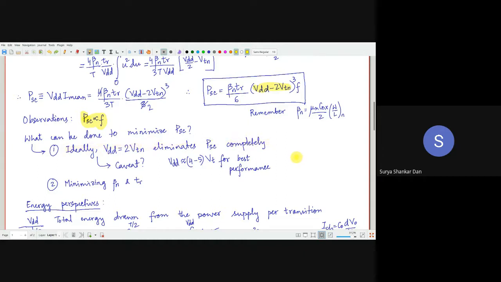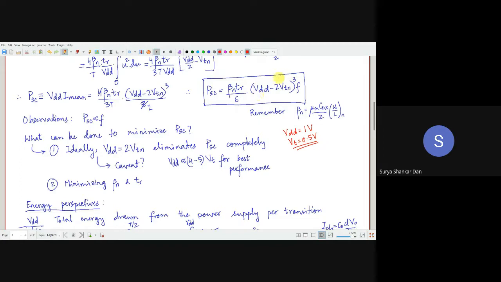Now I want you to tell me, for example, remember when I was plotting on Python, में हम लोगों ने VDD कितना लिया था? In our Python code we took VDD equal to 1 volt and VT equal to 0.5.